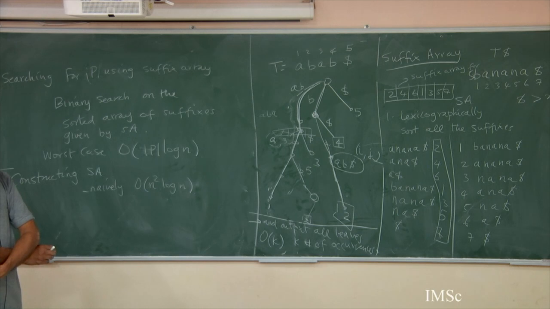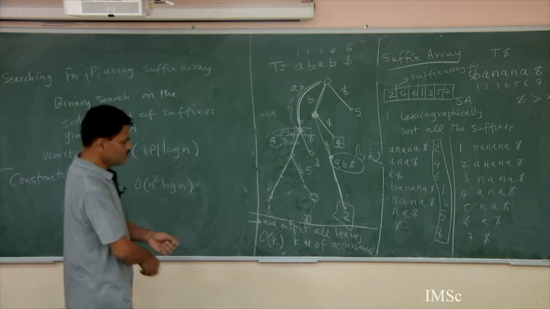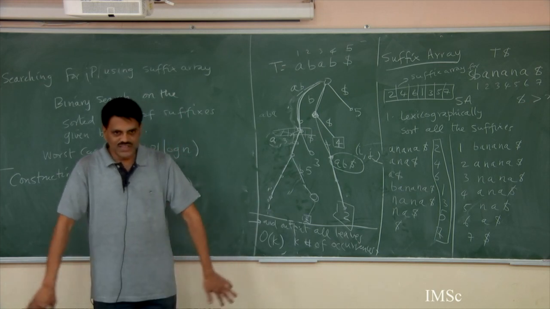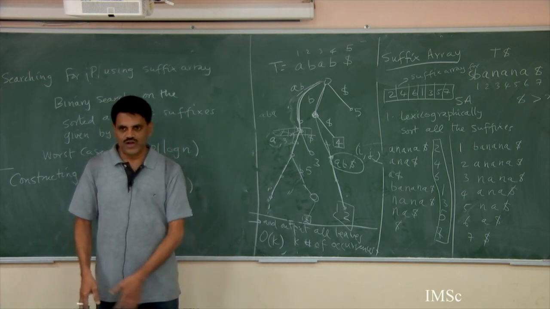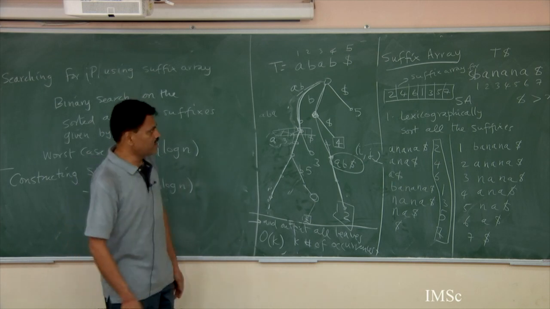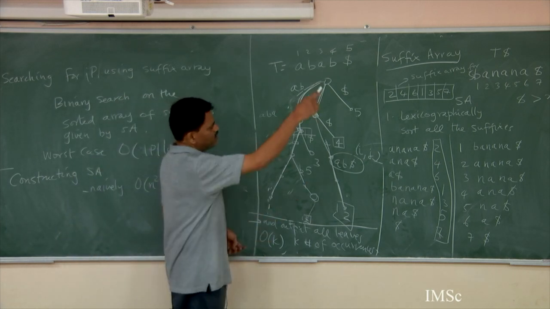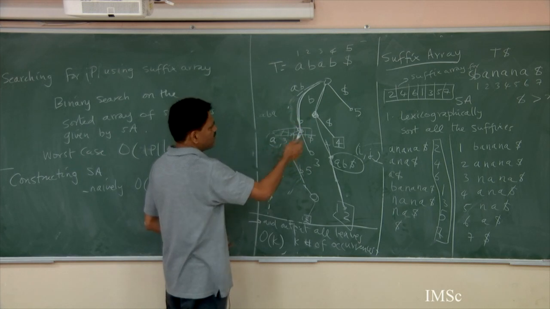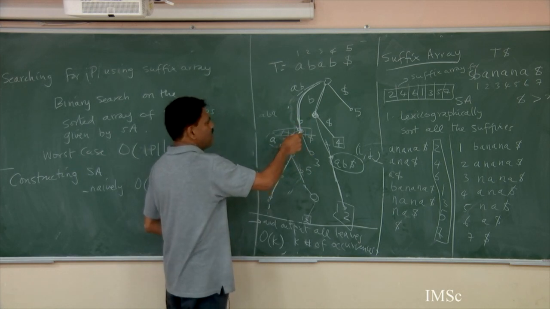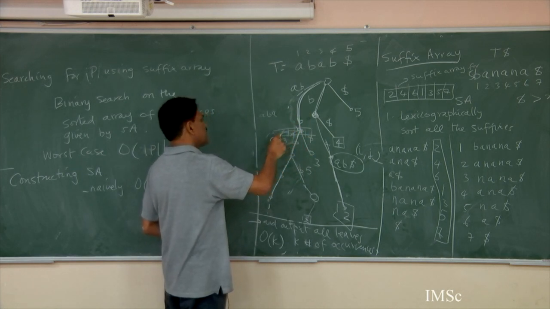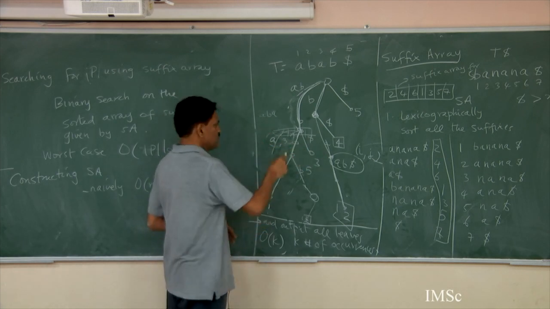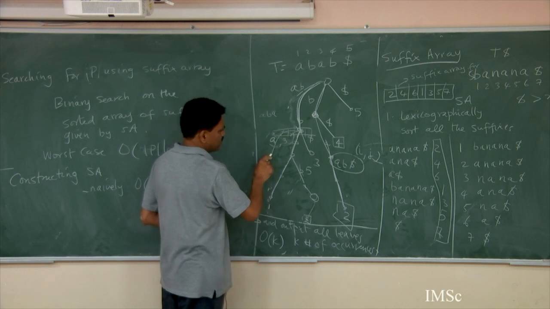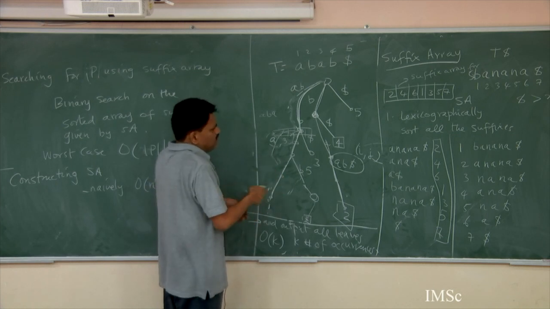How do you pay attention to the order? Yeah, so among the children, I have these characters A, B, C, D. You just put them in that order, right? That's it. So whenever I am inserting a suffix, when I'm creating A, then I would create it as the leftmost child because A is the smallest of these, right? So I will create an A here, and then maybe so.